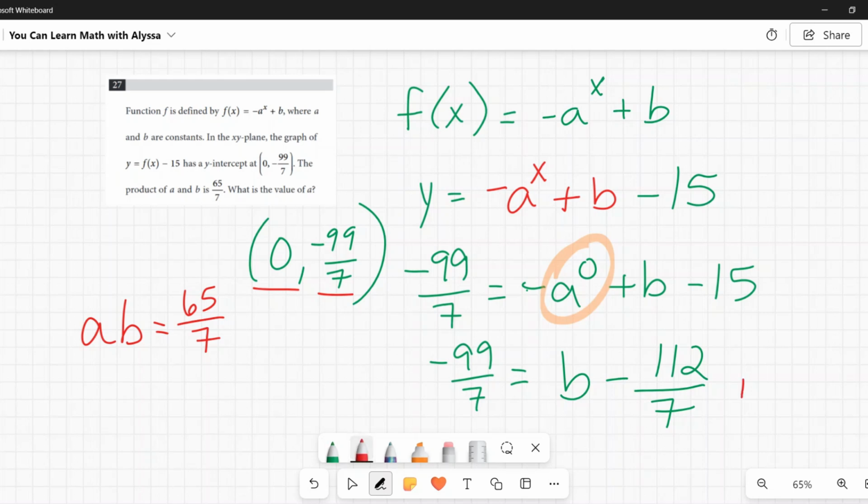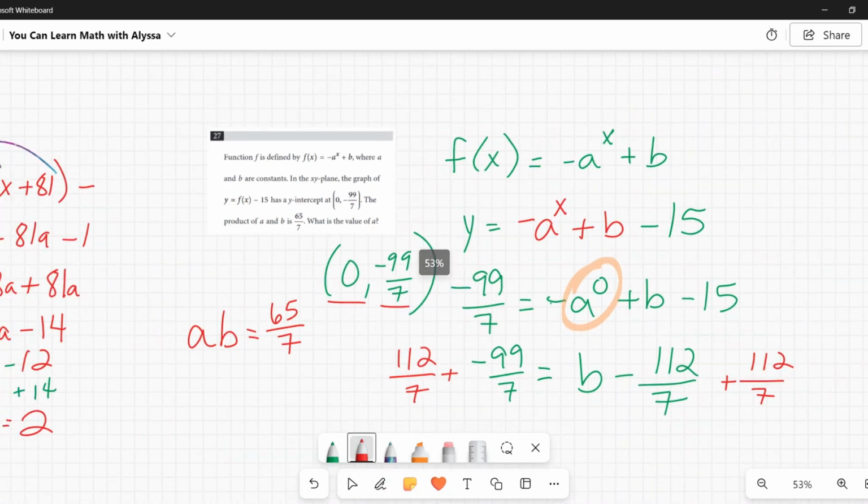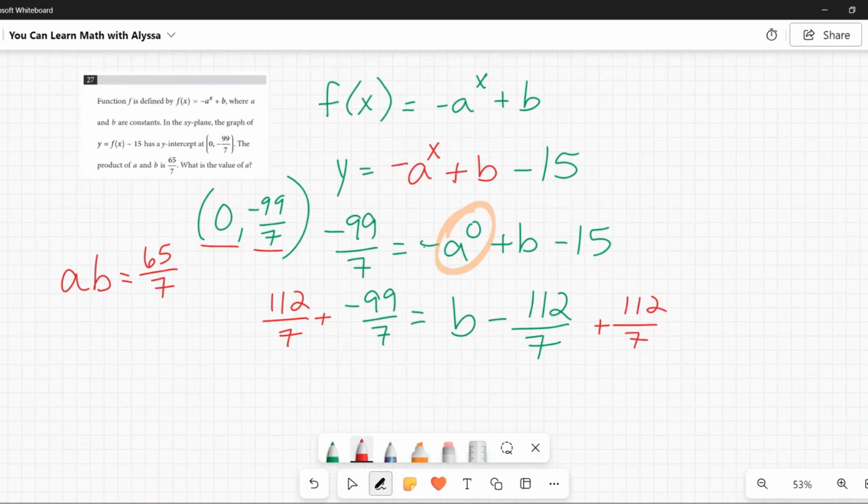I'm going to add 112 sevenths to both sides. And 112 sevenths plus negative 99 sevenths is 13 sevenths. So b is equal to 13 sevenths.